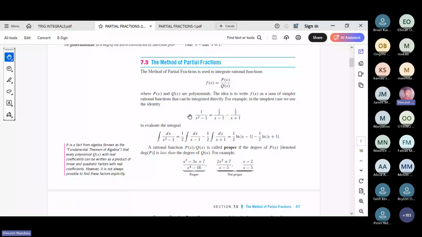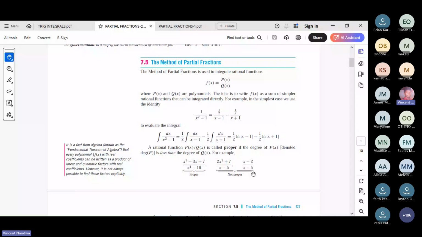To do that, we discuss different types of rational functions, and the type of rational function is what will dictate whether we can do the partial fraction decomposition, and after doing it, get the integral of the fractions obtained from the original rational function.